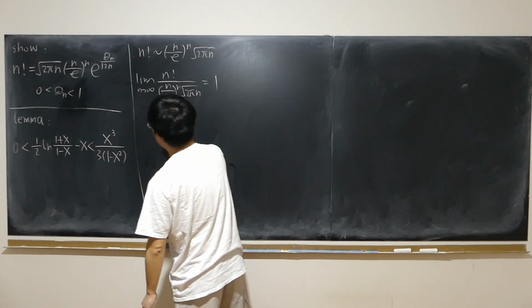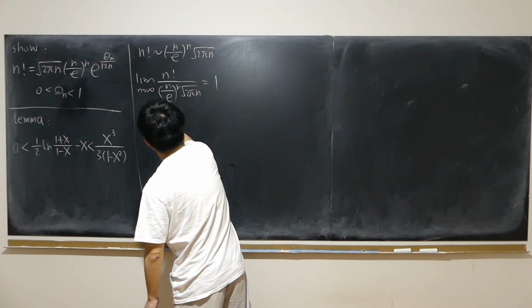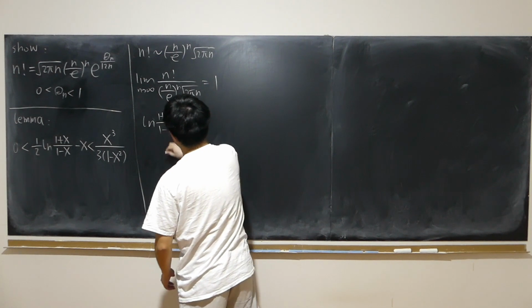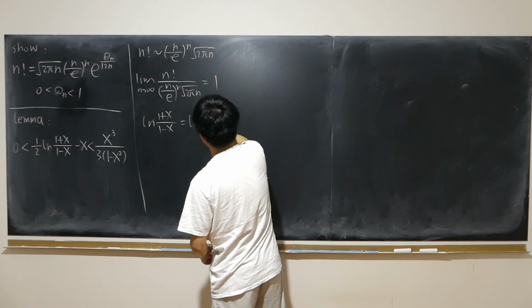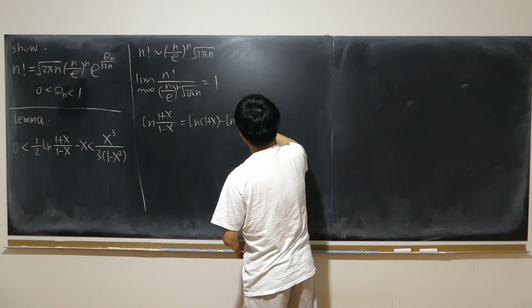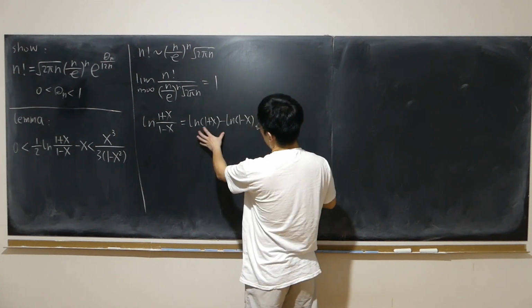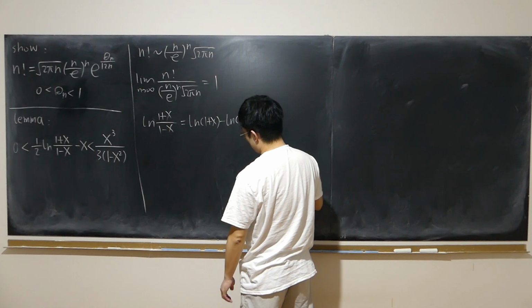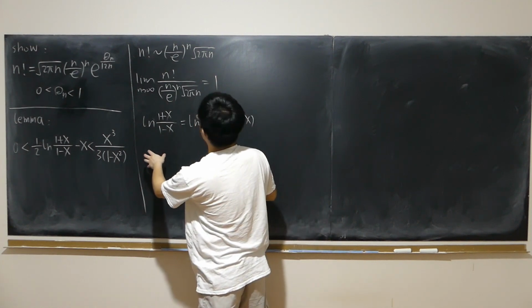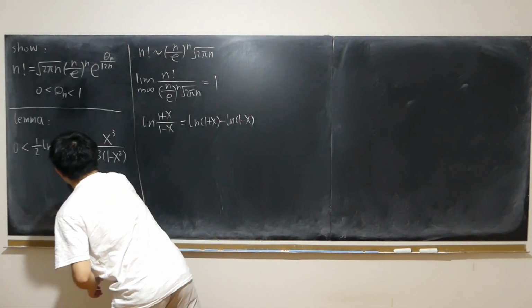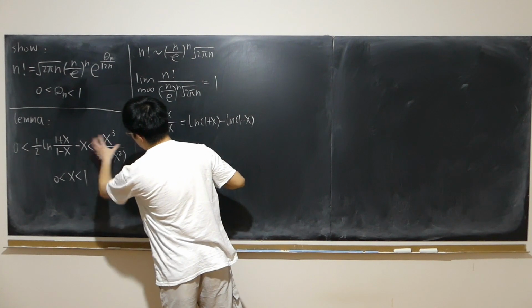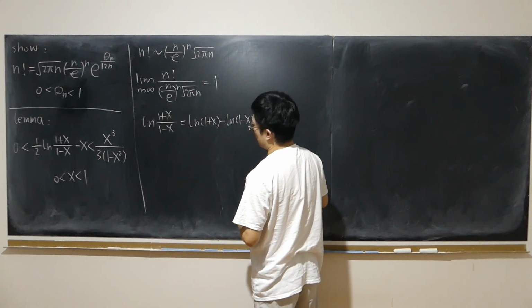Right, so first of all, log of (1 plus x over 1 minus x) is equal to log of (1 plus x) minus log of (1 minus x). Then we use Taylor expansion, infinite power series, right? So of course we require x is in between 0 and 1. Then we have this inequality, which we're going to prove.